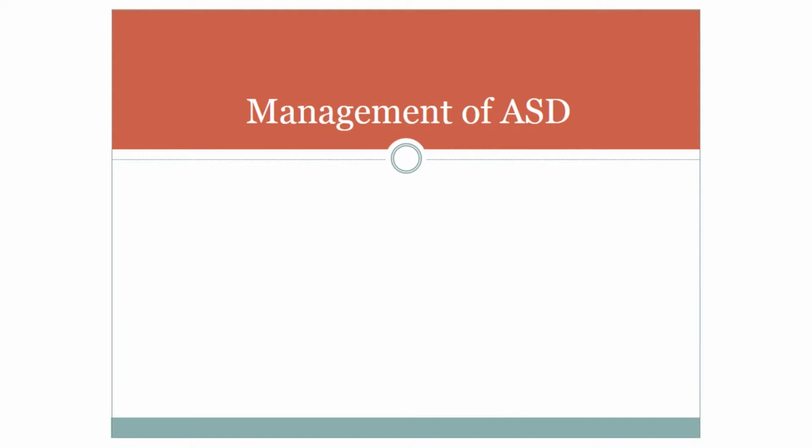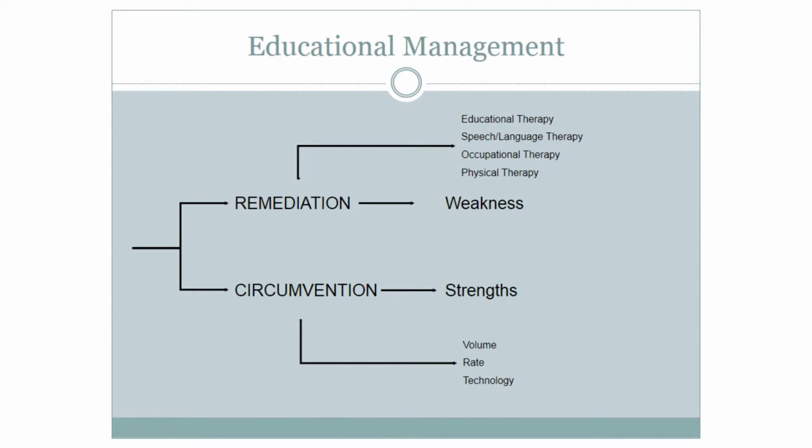In terms of management, we always have 4 areas of management. We have educational management, and educational management is divided into 2 main components: remediation and accommodations or circumvention. Remediation is really emphasizing the weaknesses. We're going to strengthen the weaknesses.